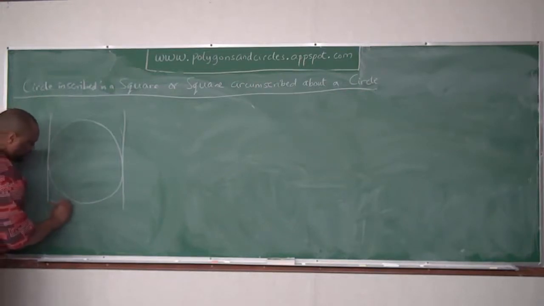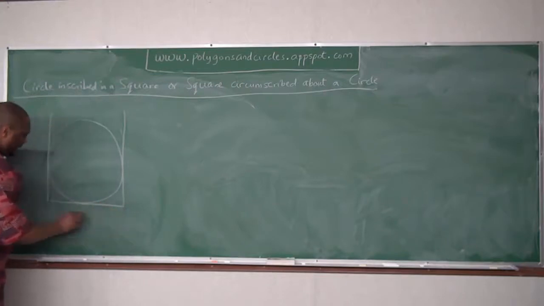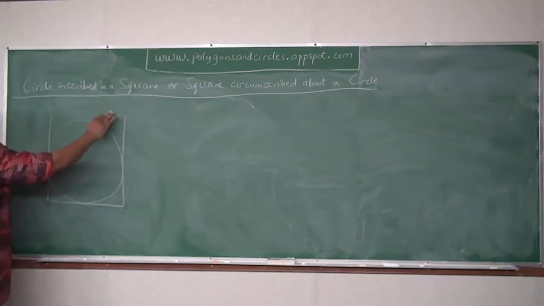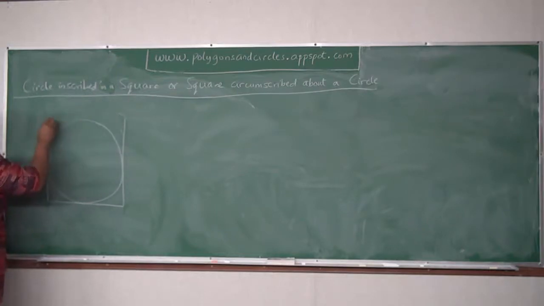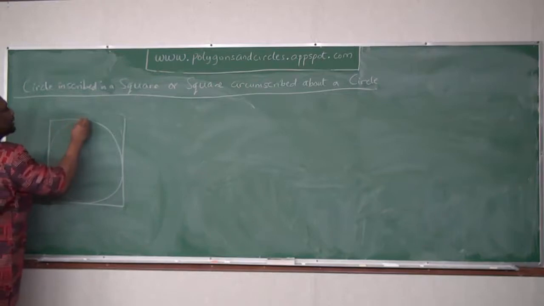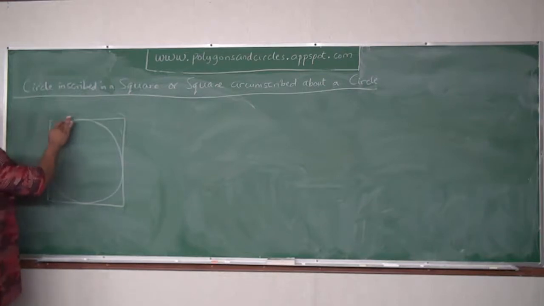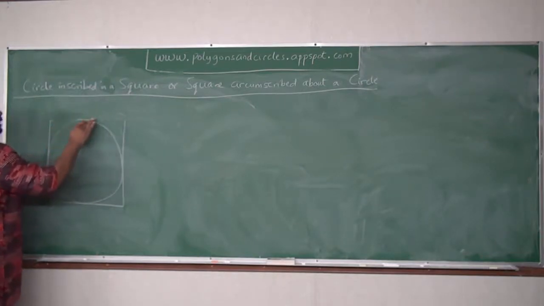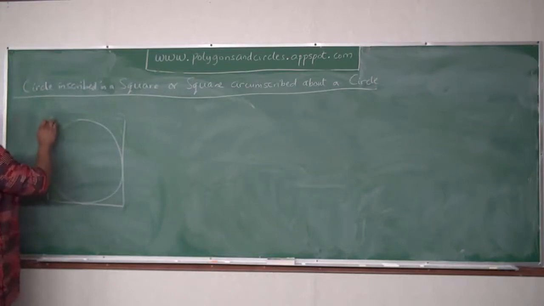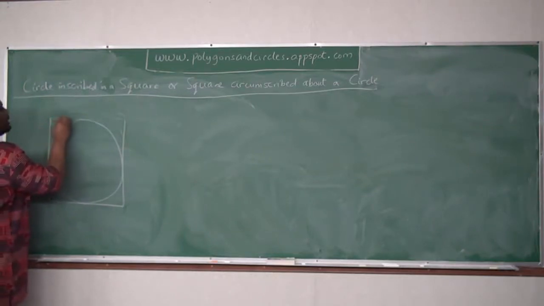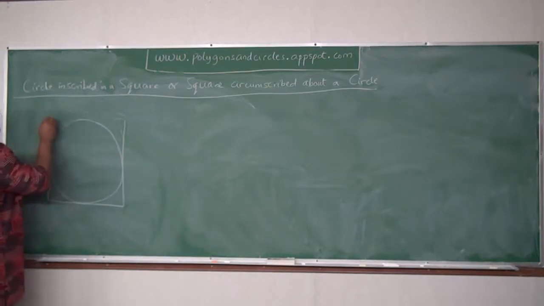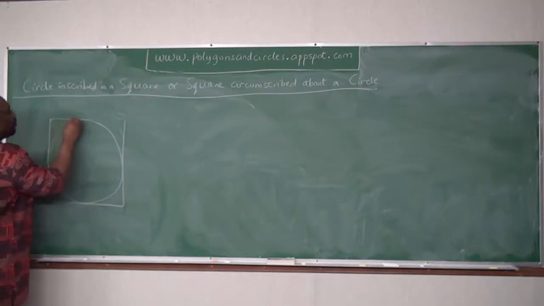Actually, you could say the sides of the square are tangent to the circle. That is what we mean by circle inscribed in a square. The circumference of the circle touches the four sides of the square.